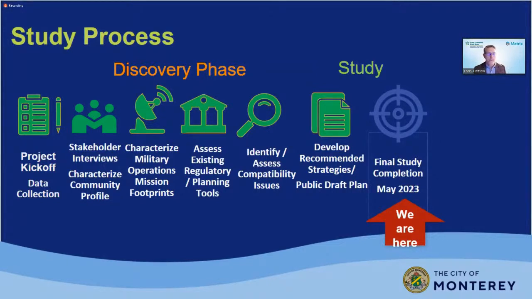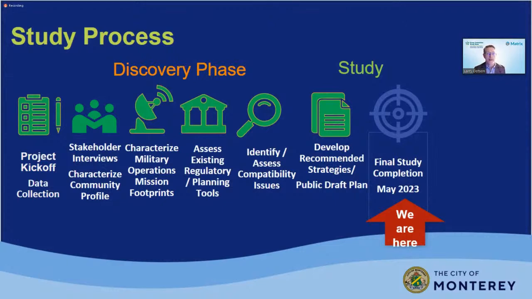We did a lot of GIS-based map analysis and characterized what we could spatially. Some of the things that we looked at didn't necessarily align to a map, but where we could leverage mapping technology, we did that. We characterized mission footprints. We examined the policy set from the federal level through the state, through the county, to the local level.